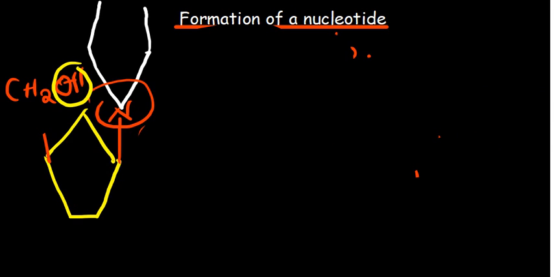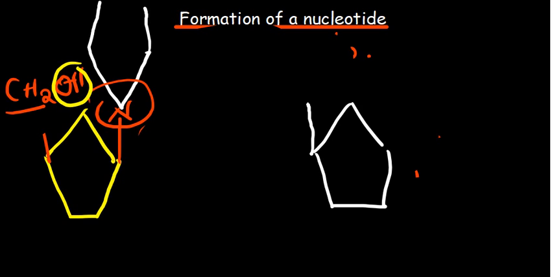So I'll draw it separately. So what you have is this. At that point you're going to have the CH2OH here. What we are losing is a hydroxide. So what is going to remain is the CH2. Then this is supposed to be connected to the oxygen. So where is the phosphate going?